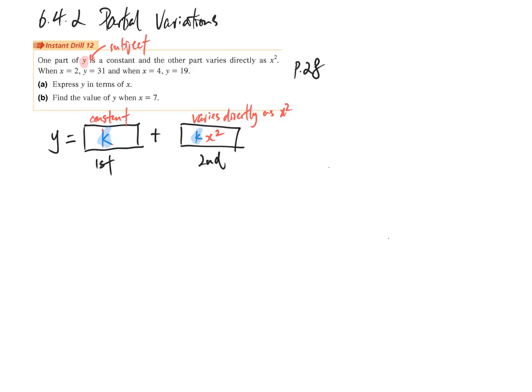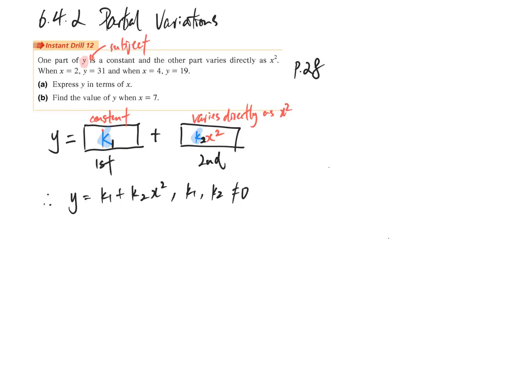We call the first one k1 and the second one k2. Therefore, we will say that y equals k1 plus k2 x squared, where k1 and k2 cannot be 0. So that's how we solve problems involving partial variation.